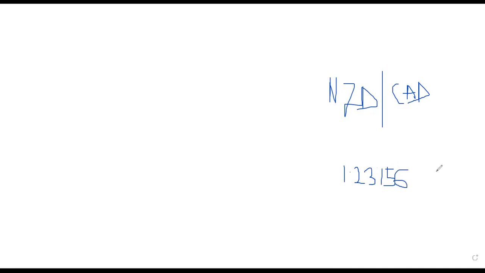Let's say that is your entry point. Then your take profit 1: let's say we are adding 10 pips to it. Don't worry, I'm going to use different colors so that I can show the effect.